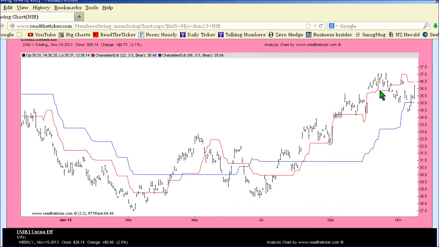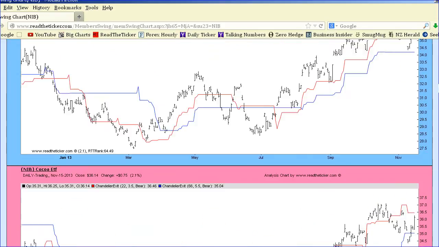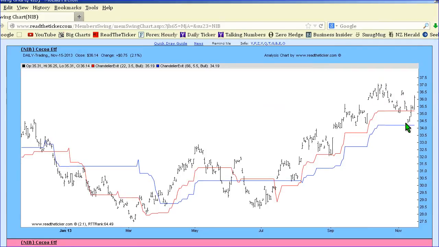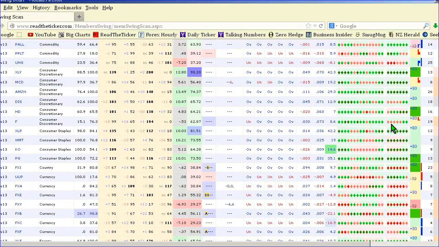That means there's no strength in any bear signal here because you really want to see the red line below the blue line on the bear. So here we do not have any conflict between the bull Chandelier and the bear Chandelier. So the swing scanner would have sent off a blue shade at this level and at that level. So you would have had a chance to take a position in there or an options trade of any type you like.